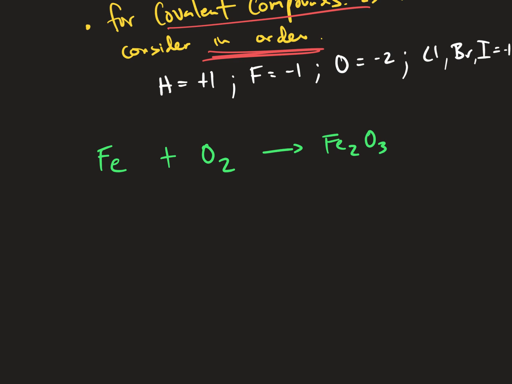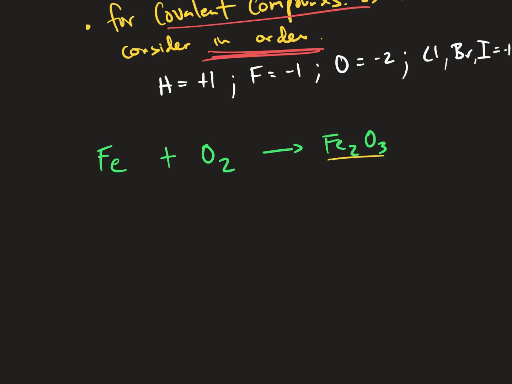In fact, let me just say this without oxidation numbers for a minute. What happens when iron oxidizes? Do you know what we call that? Rust. Yeah. Iron oxidizes, becomes rust.